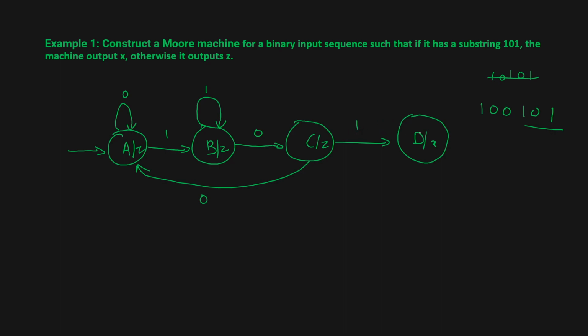You have already got 1 at the end, so let's say you have 1 0 1, and then again you get 0, you go to state C. Then if you get 1 again, you come to state D and you encounter X. So let's say you're in state A, you get 1, you go to B, you get 0, you go to C, you get 1, you go to D. Over here you have the output X after 1 0 1, and then again you get 0, you go to C, again you get 1, you go to state D, and again you get output X. That is, you have encountered 1 0 1 again.